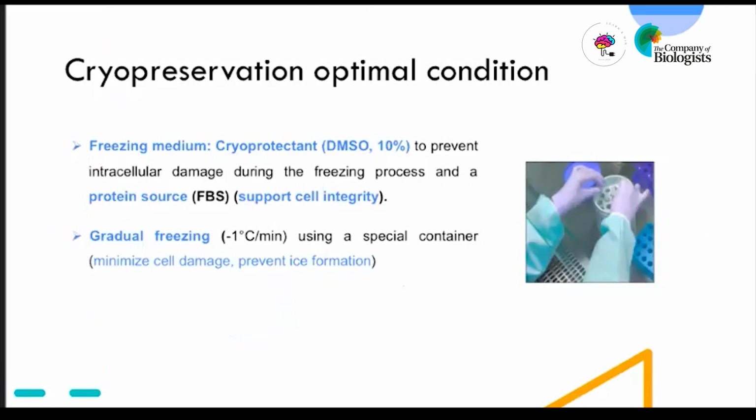First, choose a good cryoprotectant. I think the best is DMSO. Second, include a protein source to support cell integrity. Third, perform a gradual freezing at a rate of -1 degree per minute using a special container. Use that to prevent ice formation in the cells.